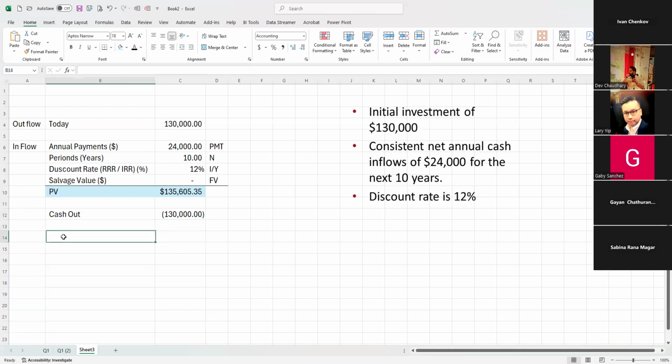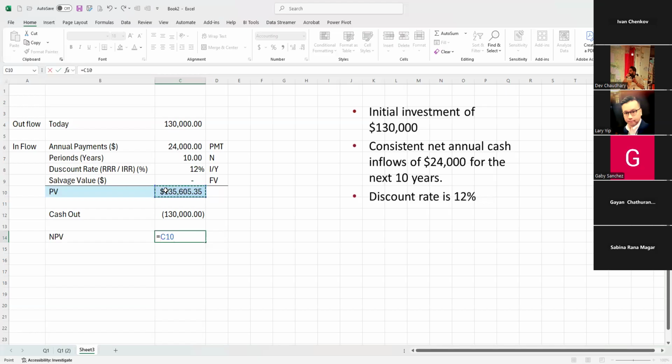So the net present value of this investment is going to be equal to, minus 130,000, sorry, why doesn't it work? Yeah, because it has to be positive plus. It's going to be $5,605 in our case.